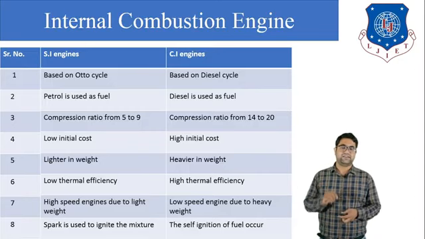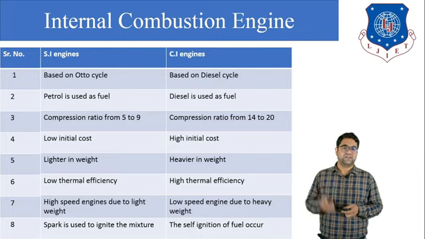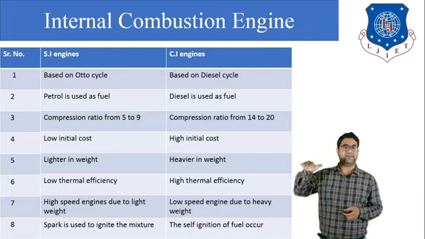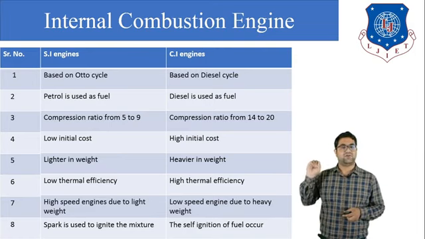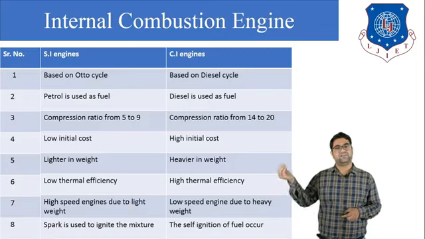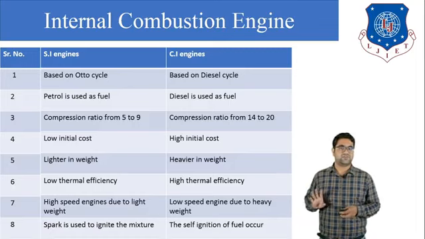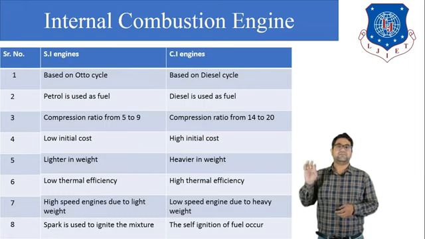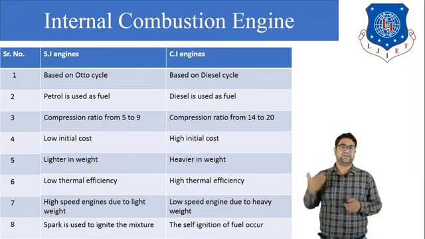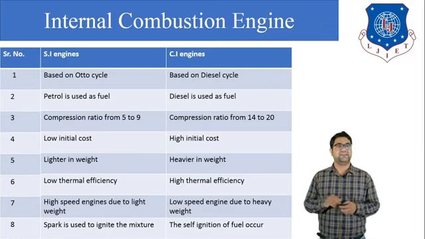Okay, but in the case of the diesel engine, to ignite the diesel we have to compress the air to a higher temperature, the self ignition temperature of the diesel. So when it comes in contact with the air, diesel will automatically burn. Okay, so these are the major differences between the SI engine and the CI engine.